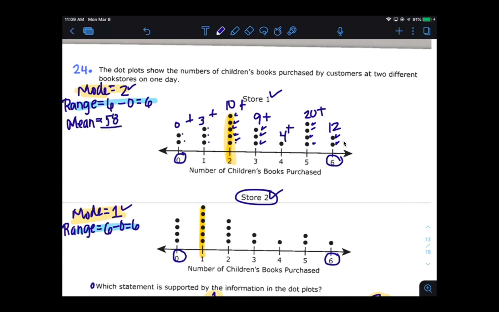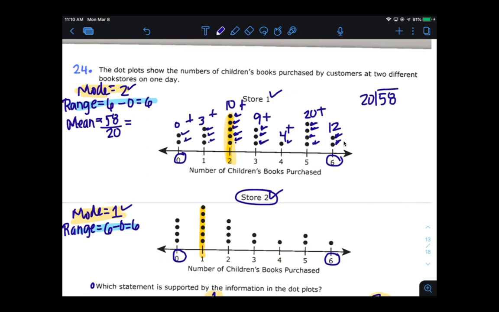And then you divide this by the number of dots. 1, 2, 3, all the way to 20. So we divide 58 by 20.